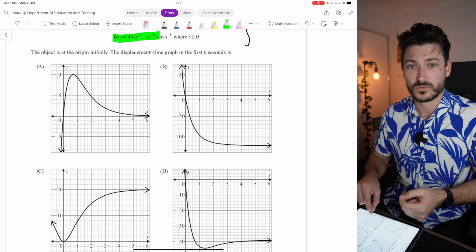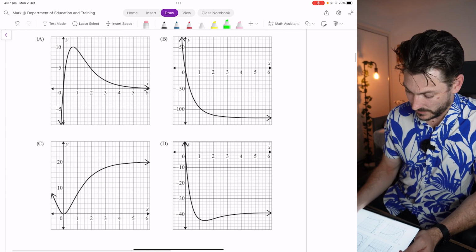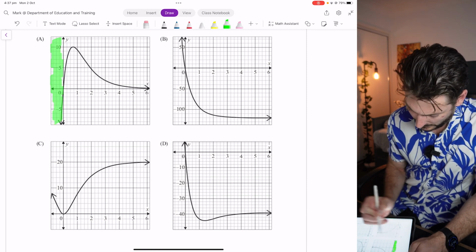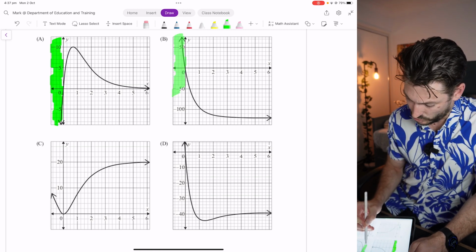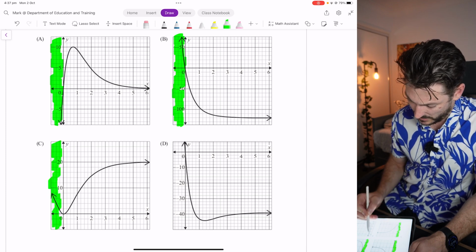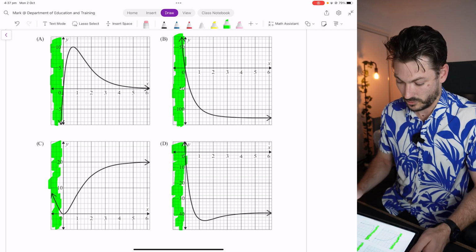So we come back to the exam, understanding that everywhere to the left, which I'm just going to highlight in green, everywhere to the left in each of these functions should have a negative gradient the entire time. So this should be helping us to remove some of these as options.